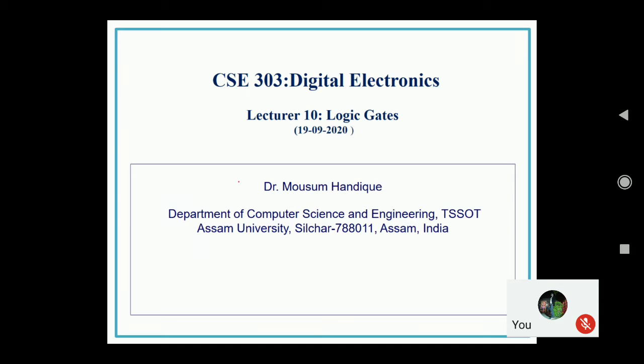But when we consider a long binary sequence, it is very difficult for humans to read. So we use different concepts and different conversion techniques such that humans can easily understand. But after all, that signal is converted for the system such that the system can understand. This computer only understands 0 and 1.